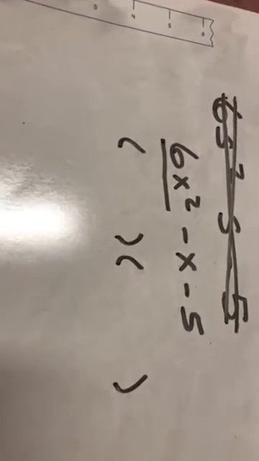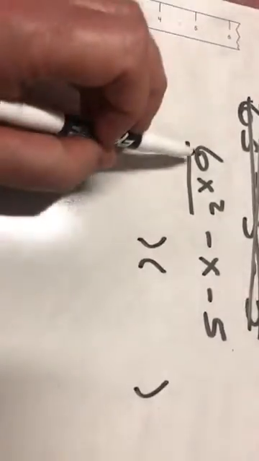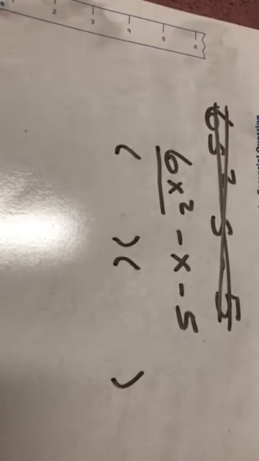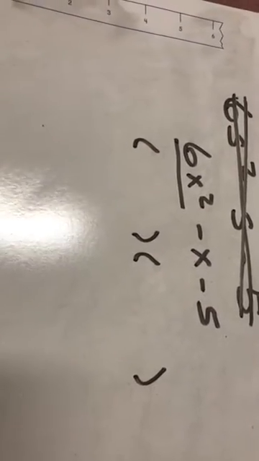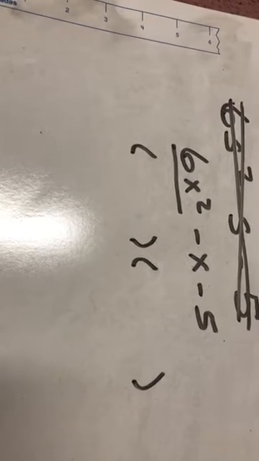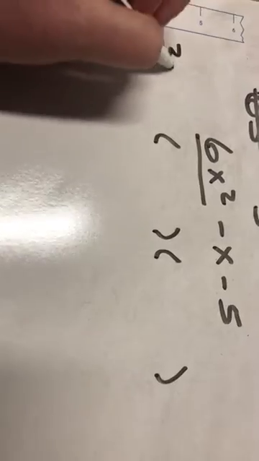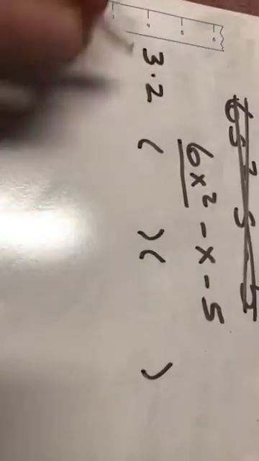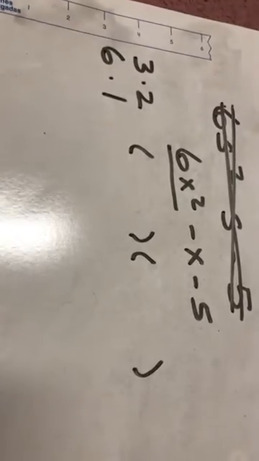There was only one way to get 3, and that's 3 times 1. 6 presents us with a little different challenge because I can think of a couple ways that I can get 6. I can do 3 times 2, and I can do 6 times 1.